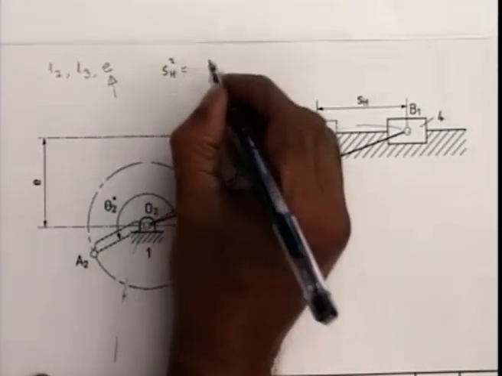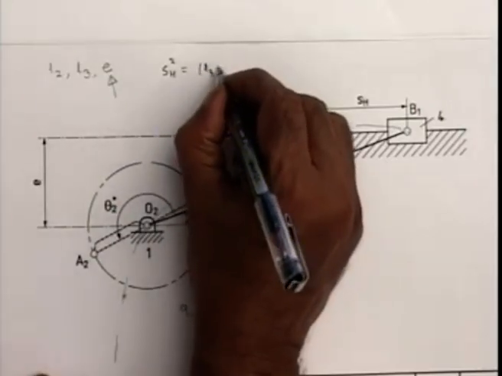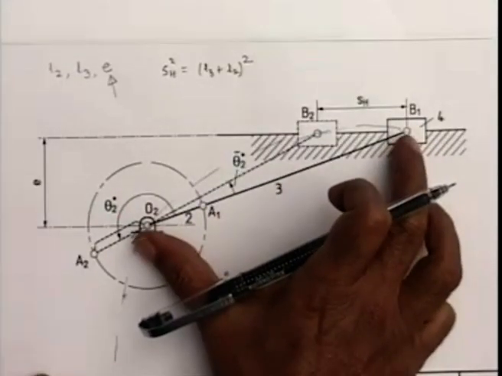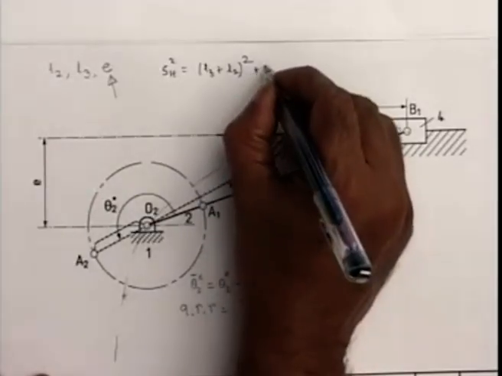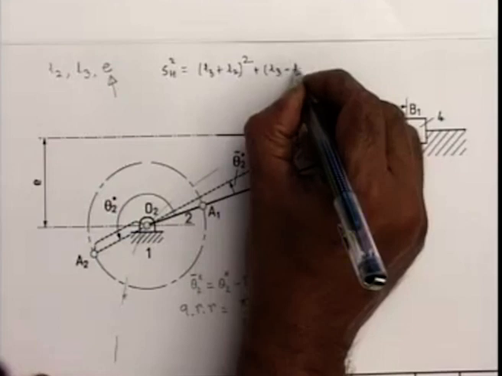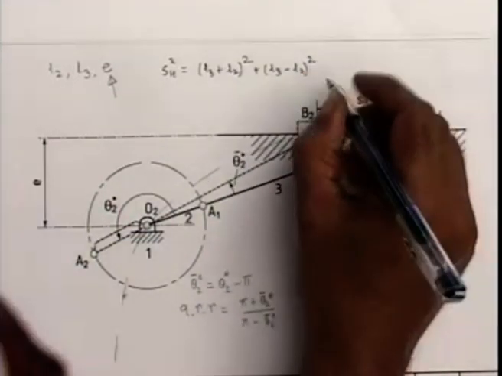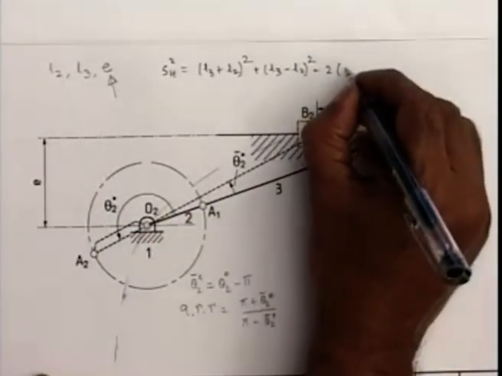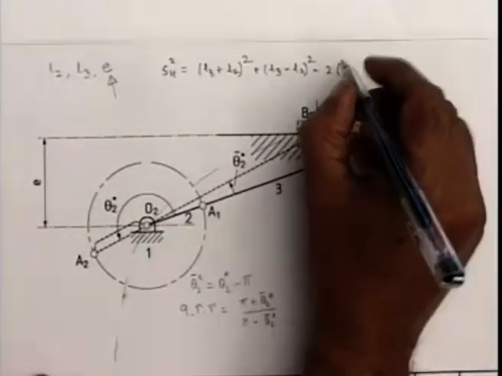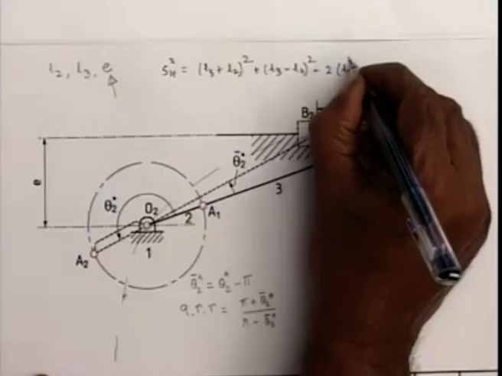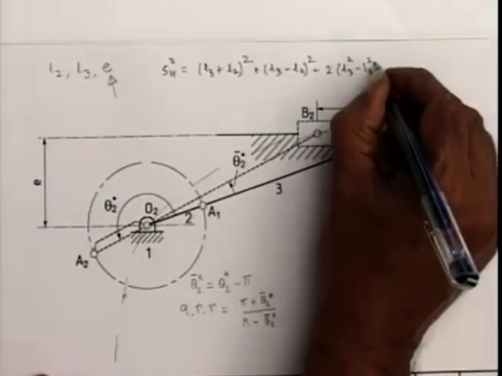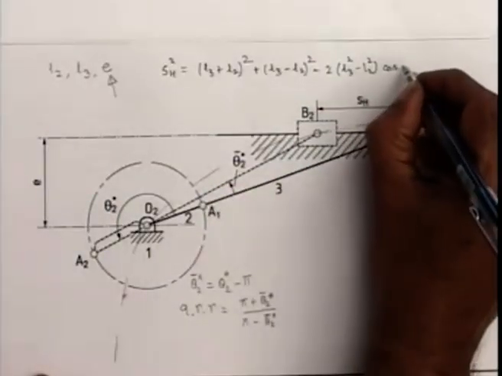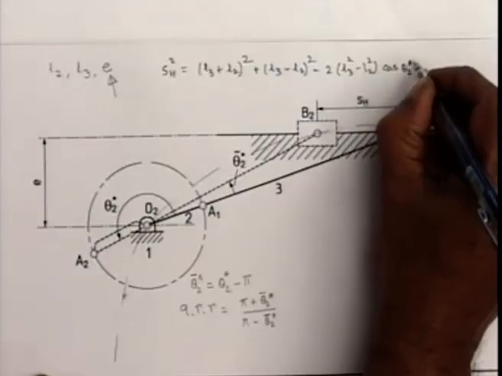SH squared is L3 plus L2 whole squared, that is O2 B1 squared, plus O2 B2 squared, that is L3 minus L2 whole squared, minus twice of O2 B1 into O2 B2, that gives me L3 plus L2 into L3 minus L2, that is L3 squared minus L2 squared into cosine of this angle, that is theta 2 star bar.